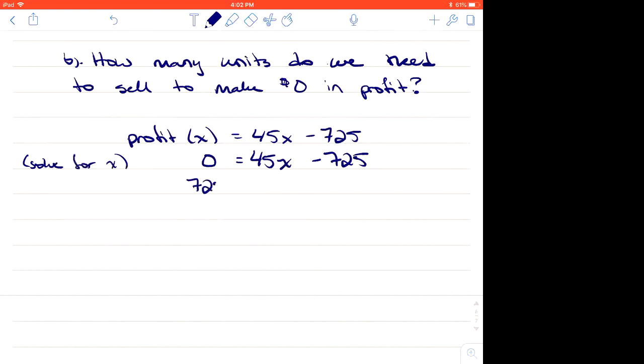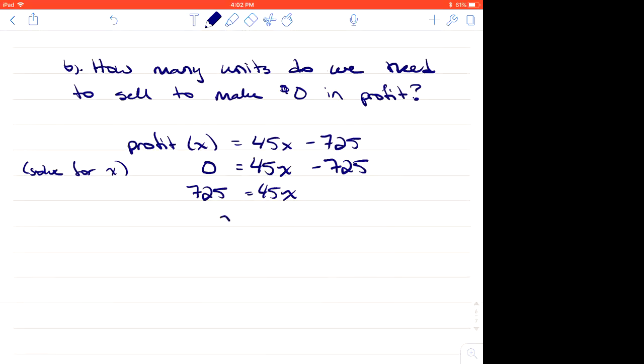So we get 725 is 45X. And then we have to divide both sides by 45 to get X on its own. I like to do the switcheroo where I have whatever I'm solving for on the left-hand side. So it'll be the same, but I'm just going to write X is 725 divided by 45. Great. 16.1 repeating.